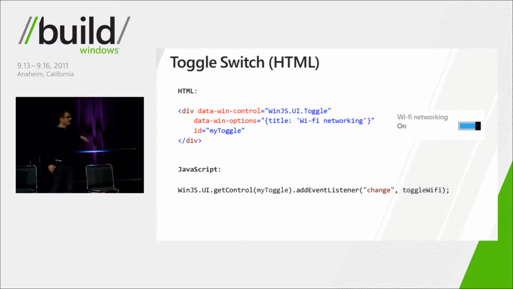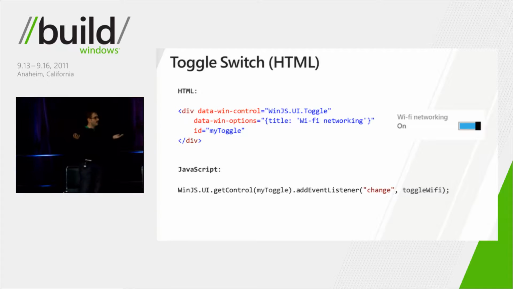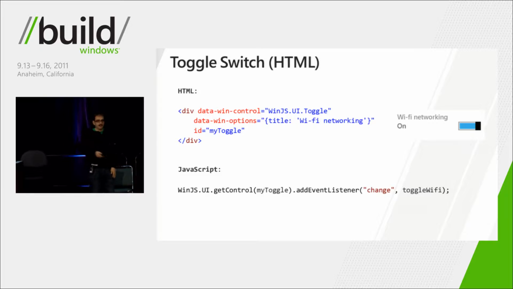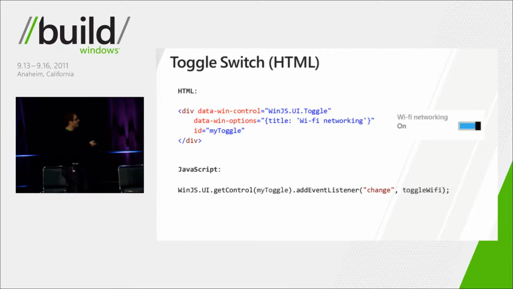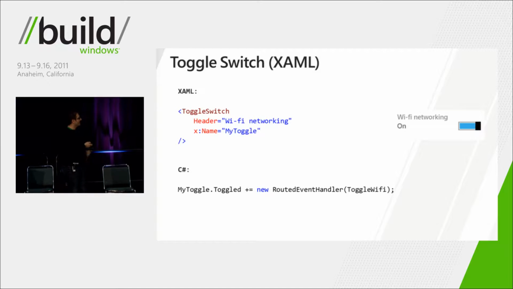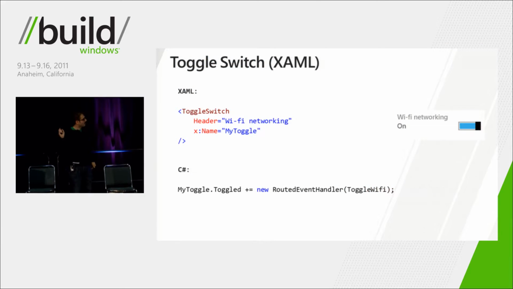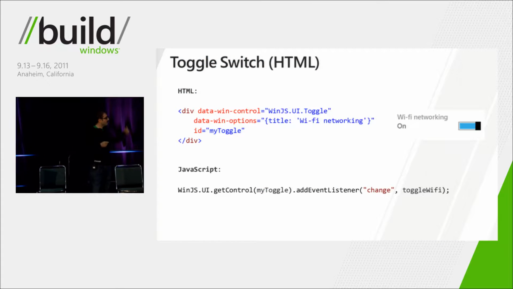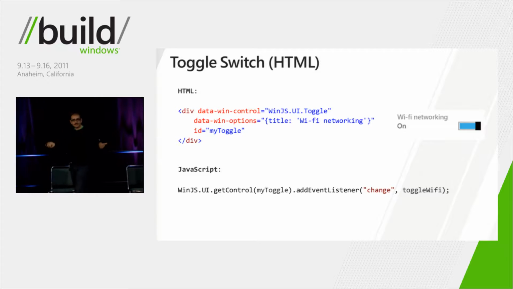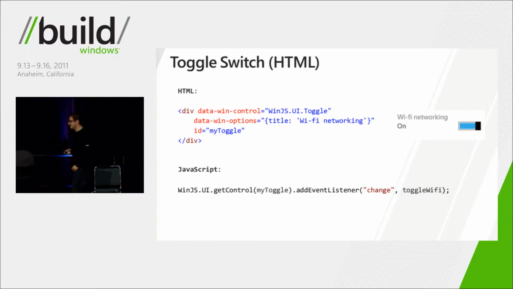So the standard mechanism of event handling, these native DOM events that you expect in HTML, works for the controls delivered that way, even the JavaScript ones. It's kind of fun to go back and forth between these two, I get excited about doing it and seeing how you can do the same things. You can instantiate a control, you can set options on it, you can put a unique identifier, and you can do event handling. Parity, XAML, HTML. All right.